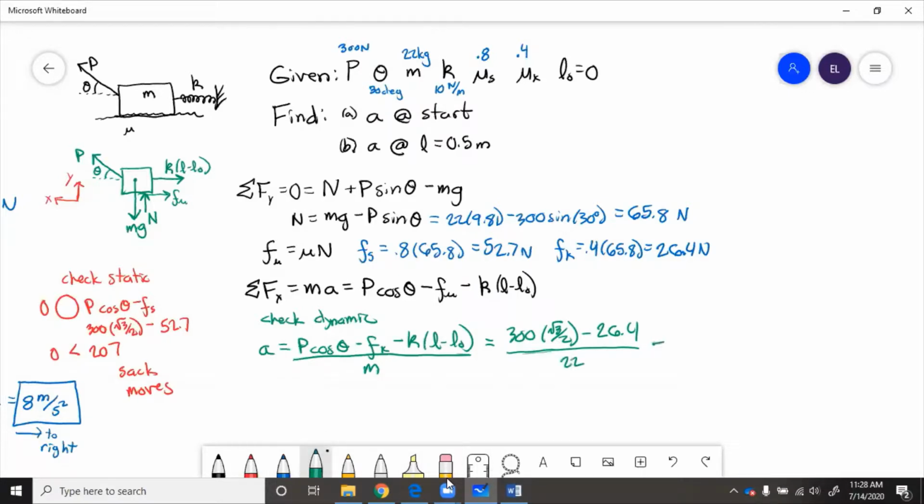And then we'll subtract the spring force, which is 10, times the stretch of 0.5, L initial includes 0, over that.